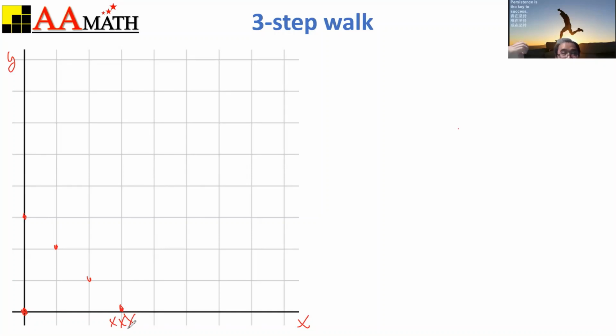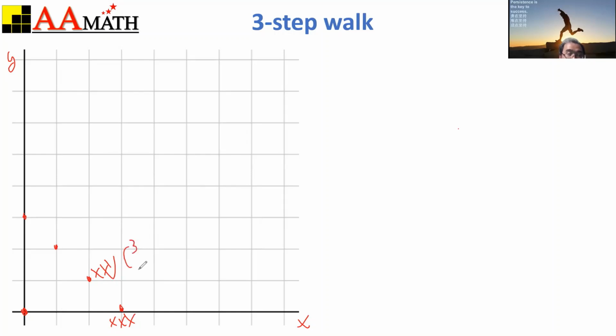You can see this one is x, x, x. You need to go in the x direction 3 times. For this one, you need to go right 2 steps and go up 1 step. But there are various ways to do that. We can do x, x, y, x, y, x, y, x, x. Basically, that's just reordering these 3.